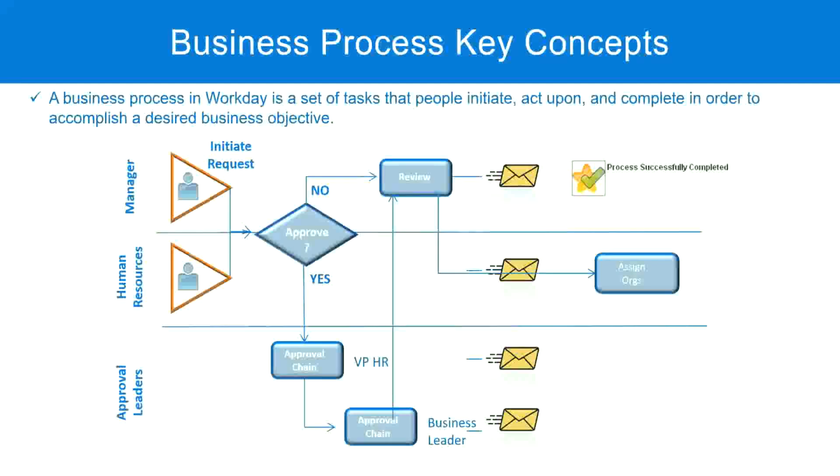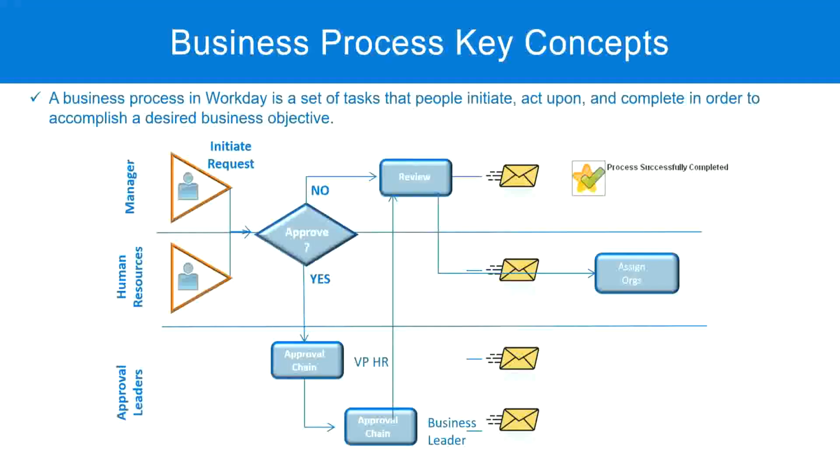And then it also goes to the business leader. After the business leader finishes the approval, or they approve, it goes back to review. And then we do the assigned organizations. And done. Correct. So after the assigned organizations is done, we say the process is successfully completed.